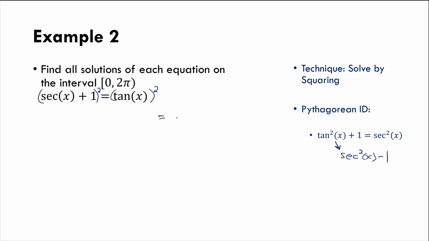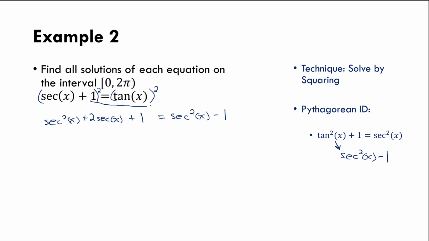Now I've got this secant x plus 1 quantity squared, so that's going to FOIL into secant of x squared plus 2 secant x plus 1.